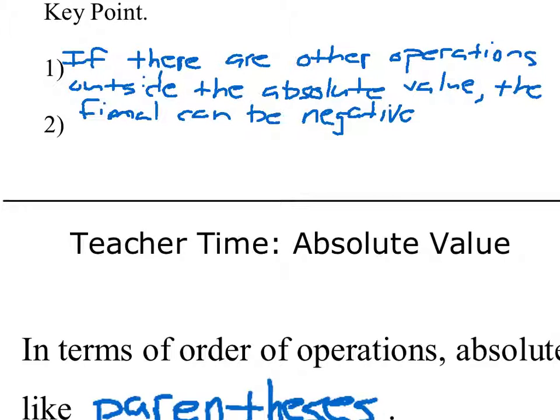Okay? So the absolute value portion itself will always be positive, but because other things happen outside of that absolute value, it may make your final answer negative.